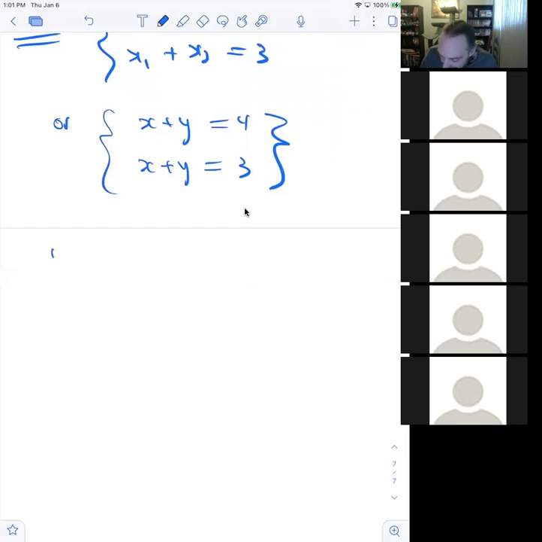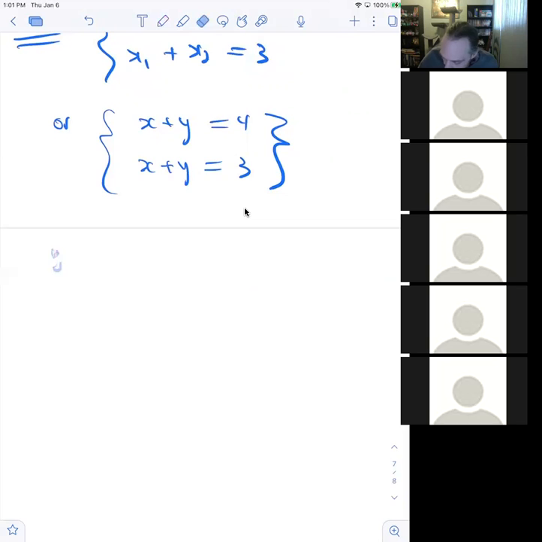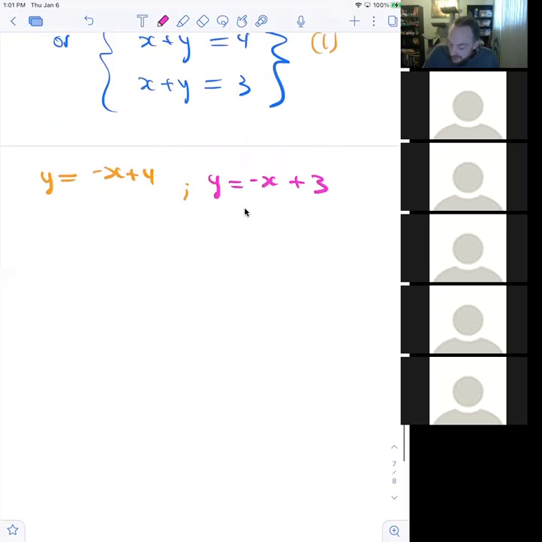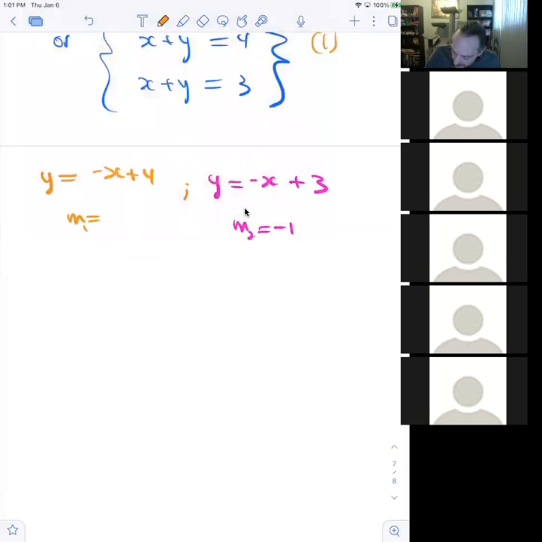If you write this in calculus form, we would have y equals -x plus 4, the same one as last time. But now in this new equation, we also have y equals -x plus 3. And so we have m2 is equal to -1 and m1 is equal to -1.